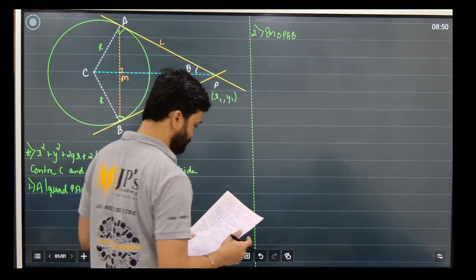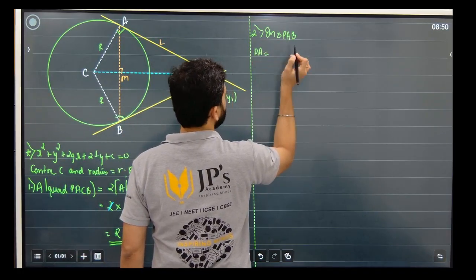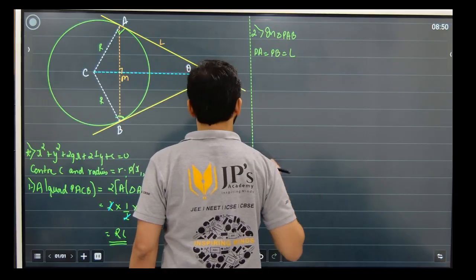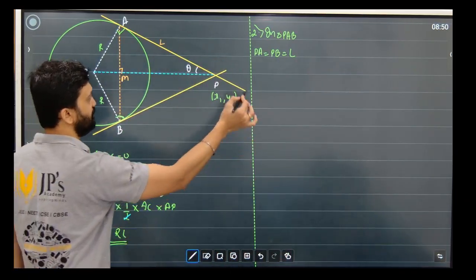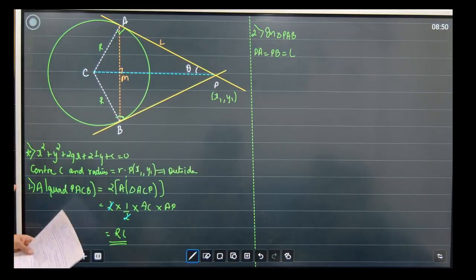PB is also your tangent. So in other words, I can write my first tangent which touches at A, my second tangent which touches at B, I will take both as L. Now since I have taken both as L, this is what I know.